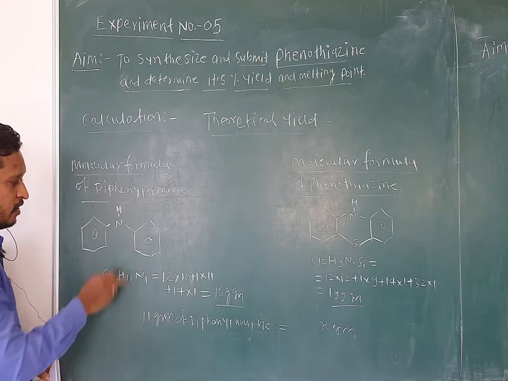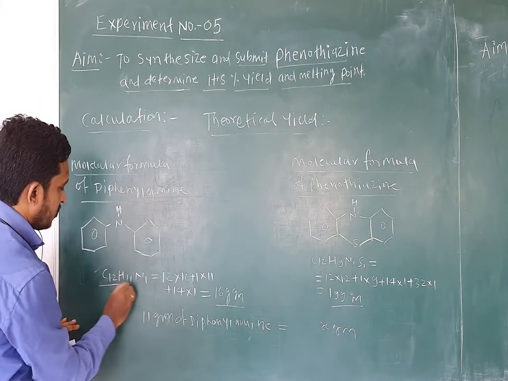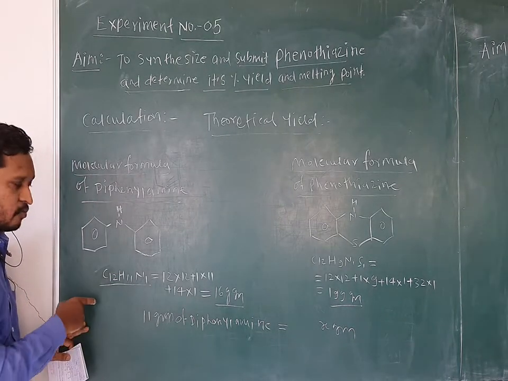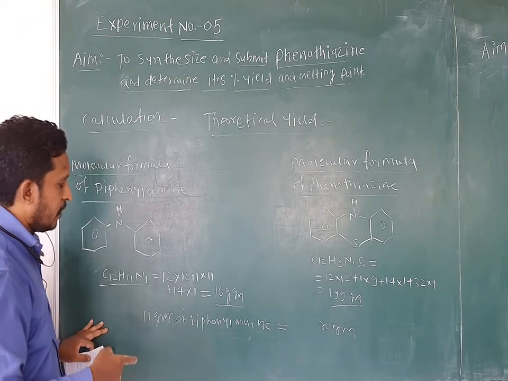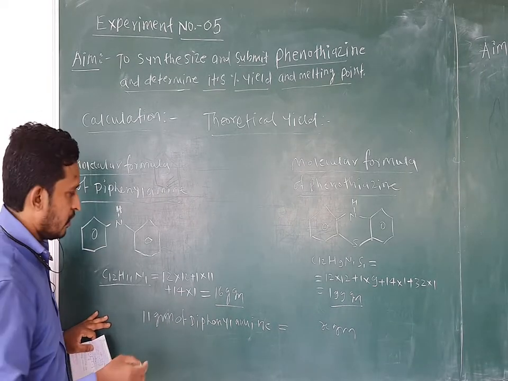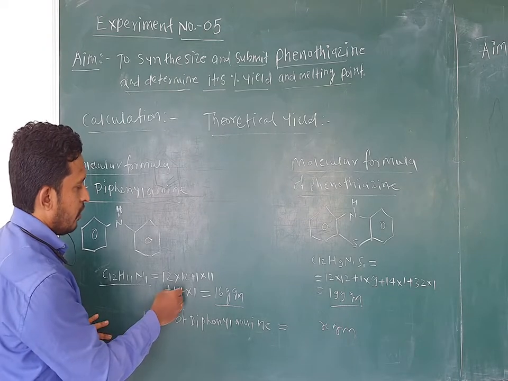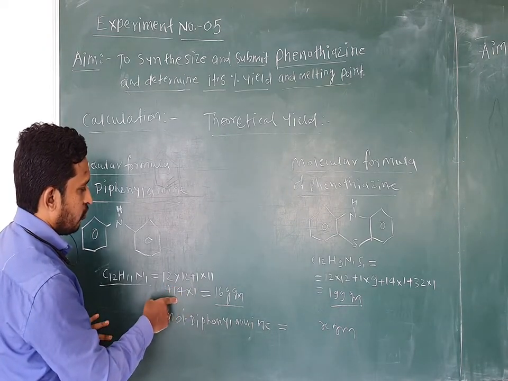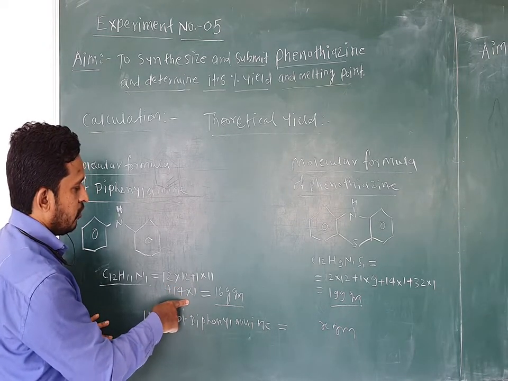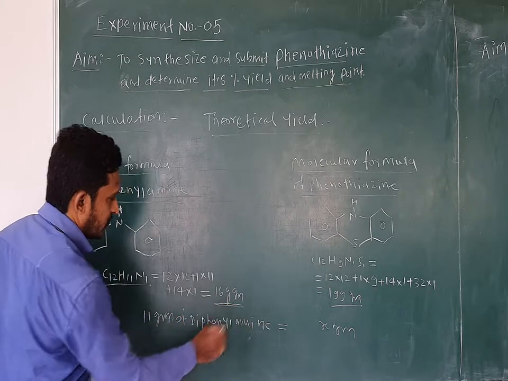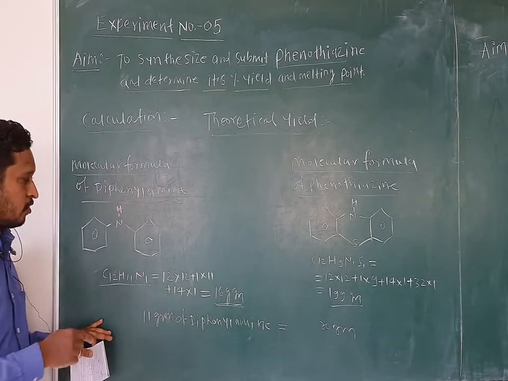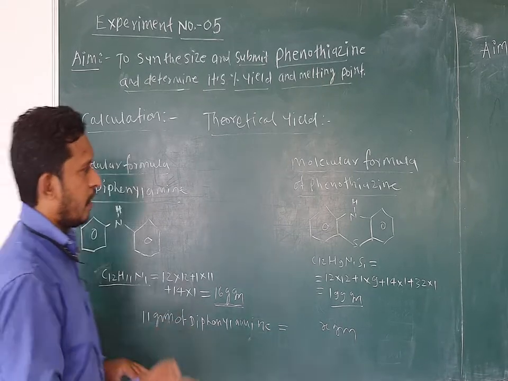So C12H11N is the molecular formula for diphenylamine. Now calculate the molecular weight: 12 into 12 plus 1 into 11 plus 14 into 1, which is equal to 169 gram per mole. This is the molecular weight of diphenylamine. Likewise, the molecular formula of phenothiazine.